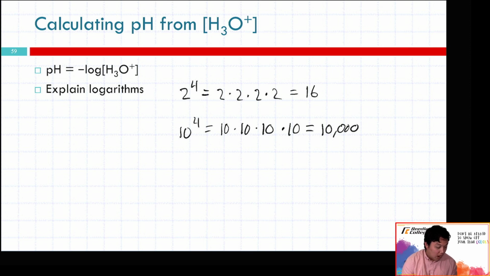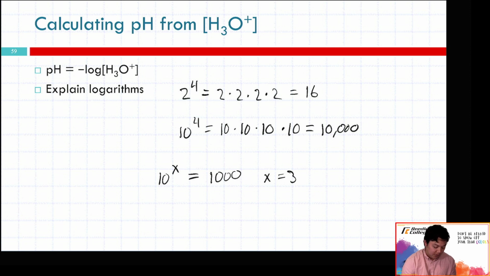So what we're doing with a logarithm is the logarithm takes this and asks the question, 10 raised to the what will equal 1,000? And if we know something about exponents, we know that x equals 3.